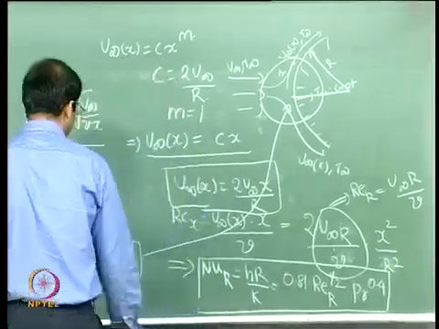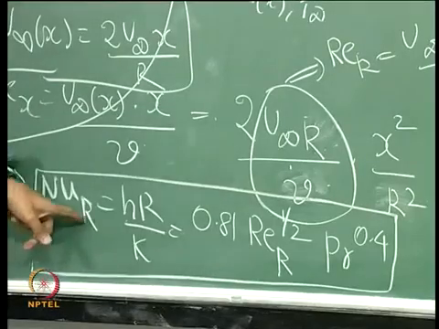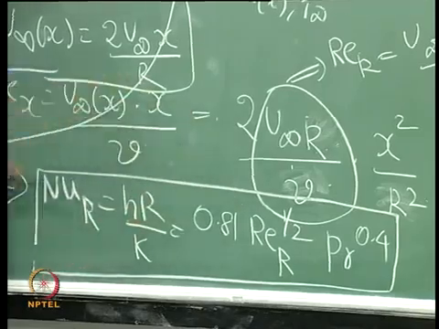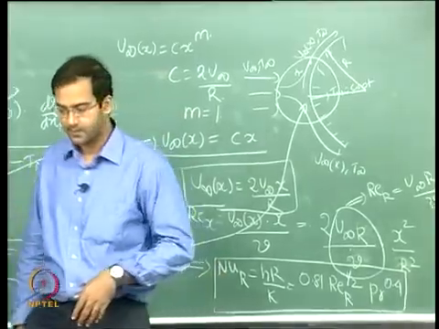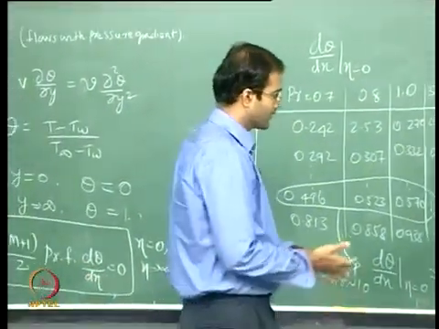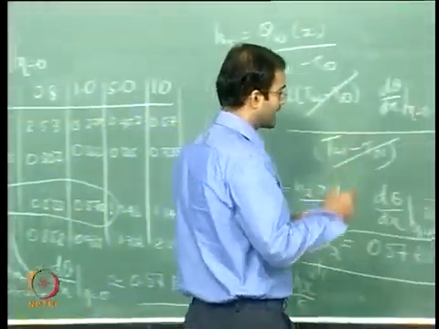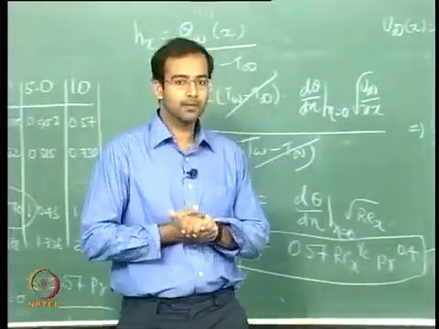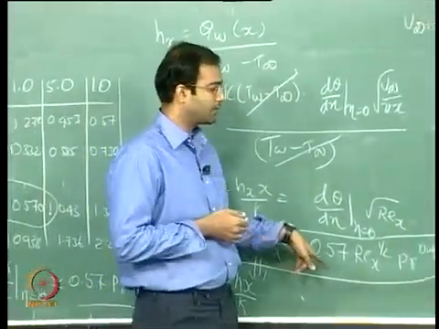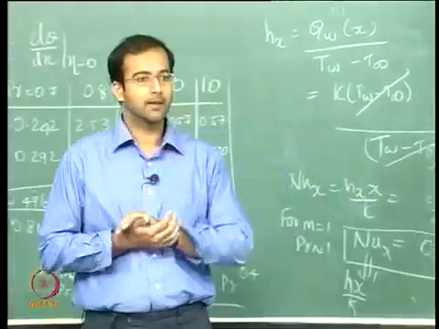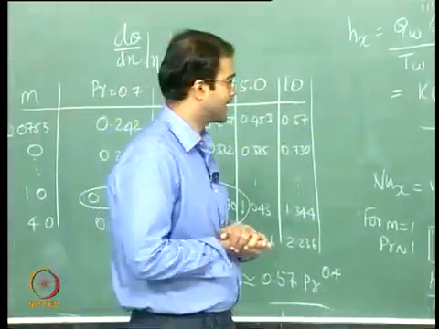This is what you finally get in terms of the fixed dimension r, and this is the expression for the cylinder when you look at the stagnation flow. So you can simply transform from your local coordinate to the cylinder's fixed dimension, which is basically the radius.